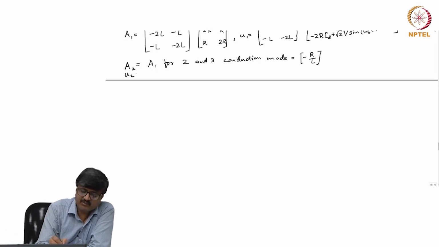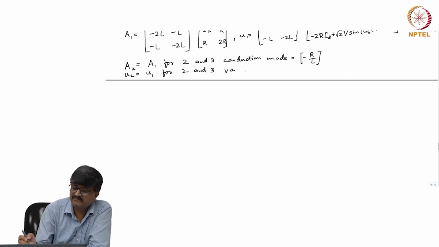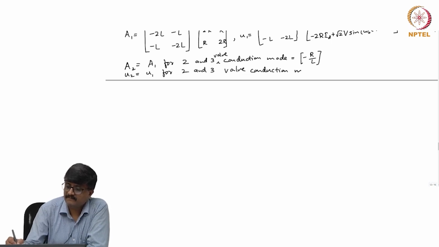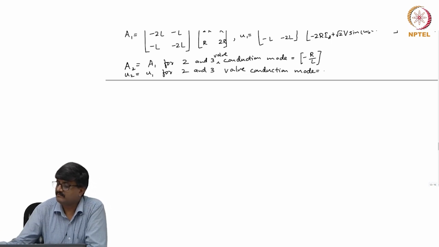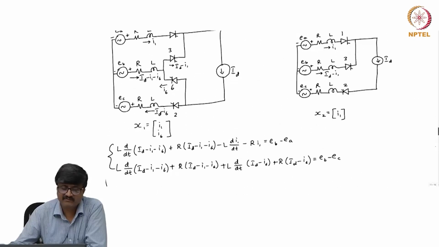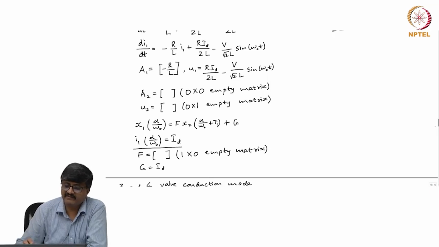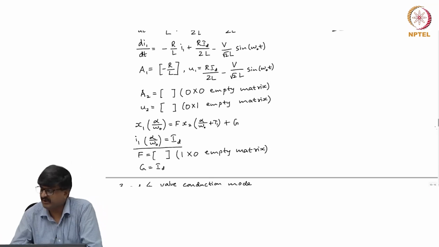And U2 is nothing but U1 for 2 and 3 valve conduction mode. So, if you look at 2 and 3 valve conduction mode, we got U1 as RID by 2L minus V by root 2L sin omega OT.